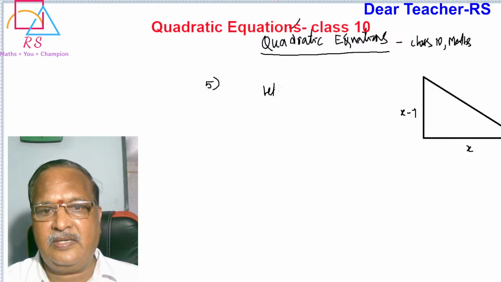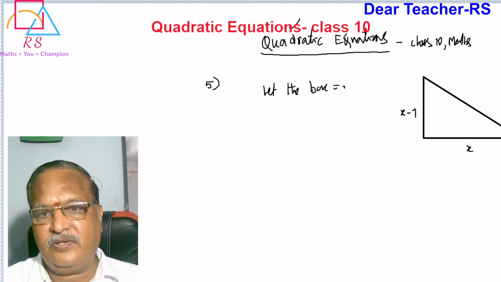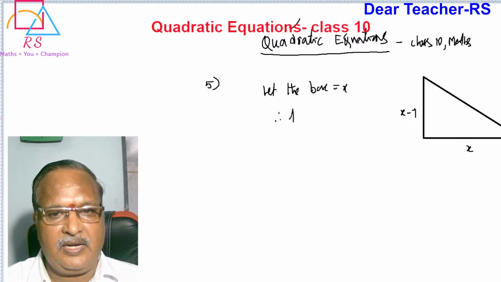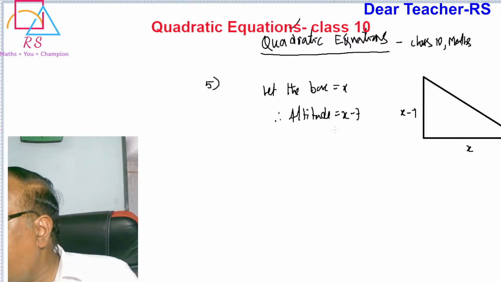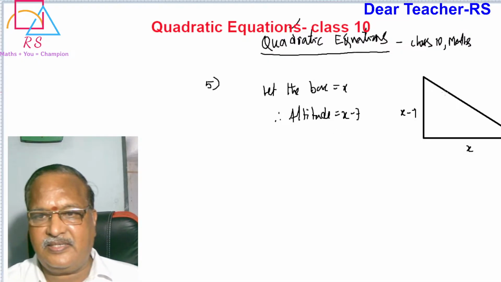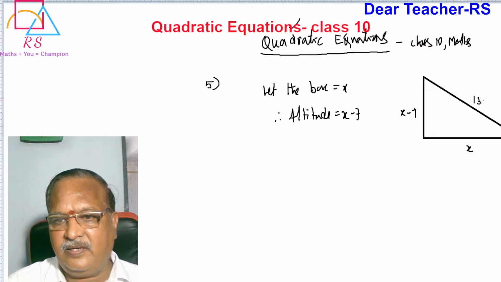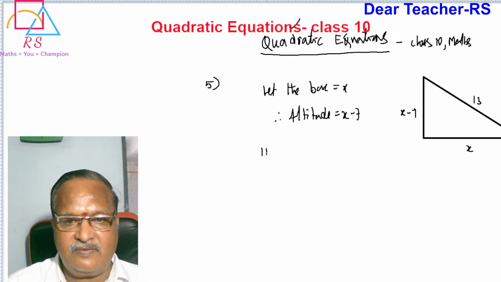So let the base be x. Therefore the altitude is x minus 7. The hypotenuse is 13 centimeters. So here the Pythagoras theorem will come.